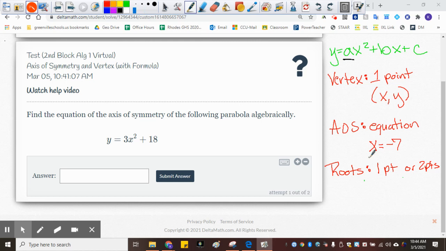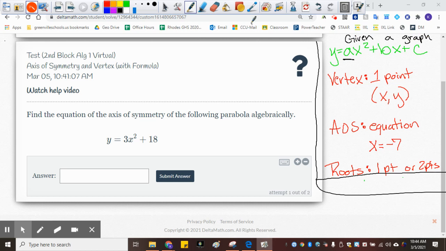So I'm going to write this here. So this is all given a graph, right? So given an equation, your axis of symmetry, x equals negative b over 2a. And we did 2 of those.